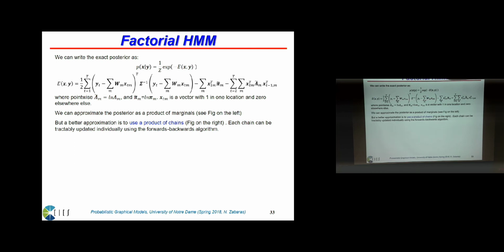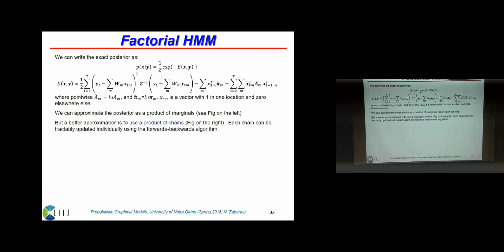It's a Gaussian, and we have taken logs. This vector here is the log of the probabilities of the initial states for each chain m, and this is the log of the transition probabilities for each chain m.